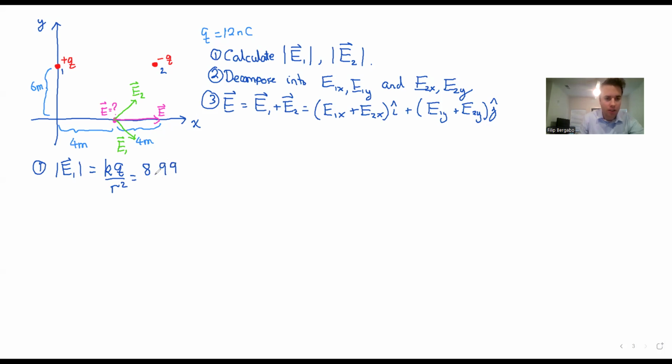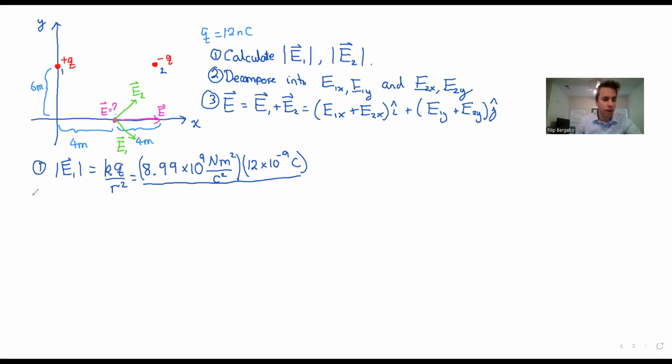I'm usually lazy and I write 9. 8.99 times 10 to the 9. K has units of Newton meters squared per Coulomb squared. So that's K. And we'll multiply that by q, which was 12 nanocoulombs. Remember, nano is 10 to the minus 9. And then we need to divide by the distance squared.